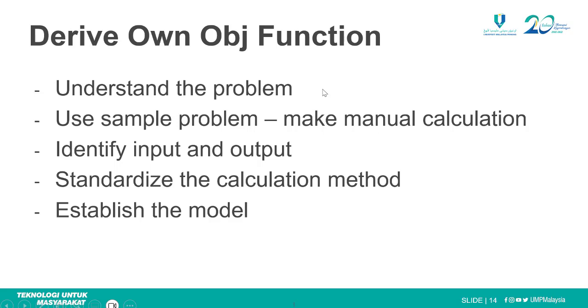So we need to have an appropriate understanding of the problem, and then normally we will use a sample problem and try to make manual calculation. So during the first step, understand the problem, we already are supposed to have an idea what we want to minimize or maximize, or what we want to optimize in the problem. Then by using a sample problem, we try to make manual calculation.